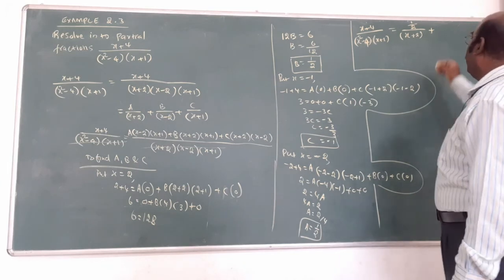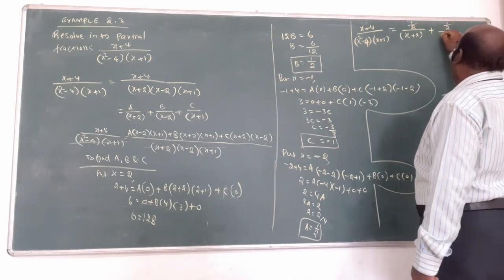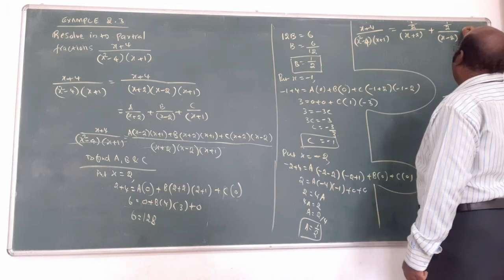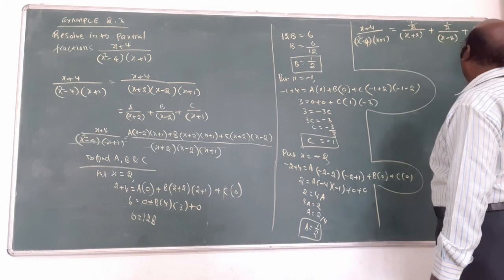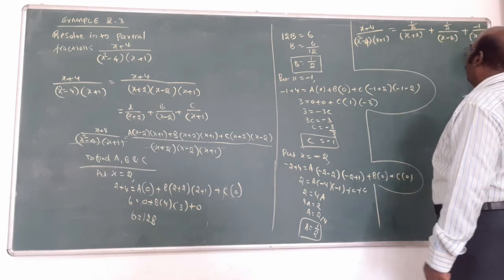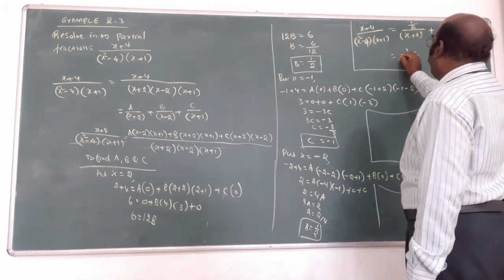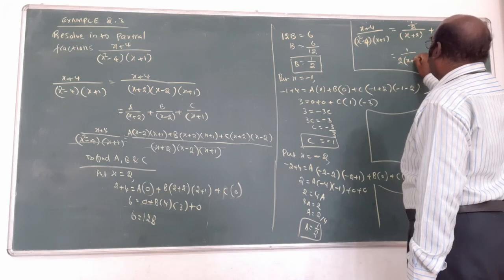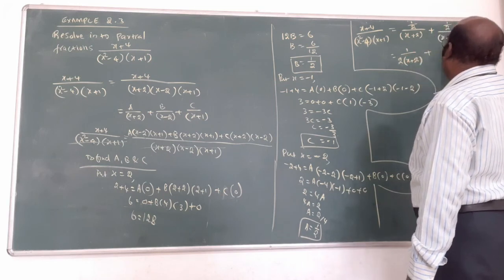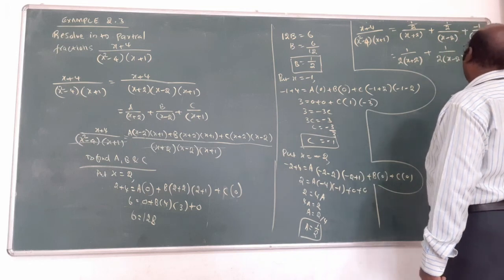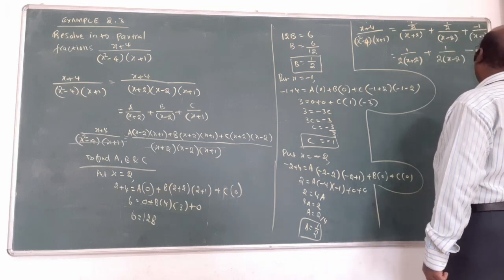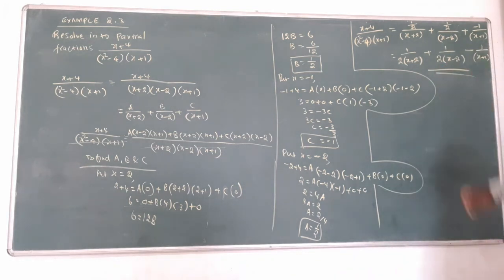B is what? Again 1 by 2 by x minus 2. C is what? Minus 1, by the last one is what? x plus 1. Now your answer is 1 by 2 into x plus 2, again 1 by 2 into x minus 2, plus minus x plus 1. In this way, this is the answer.